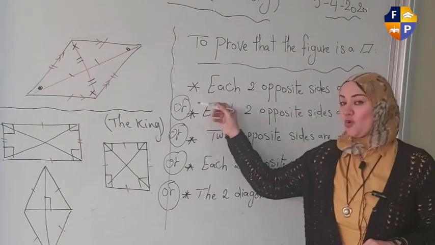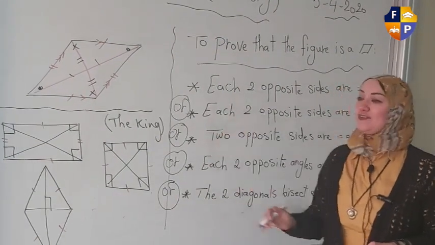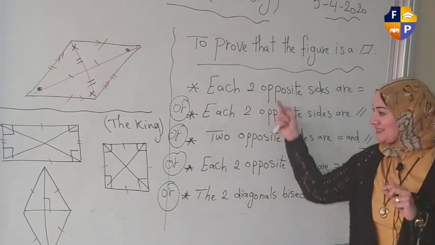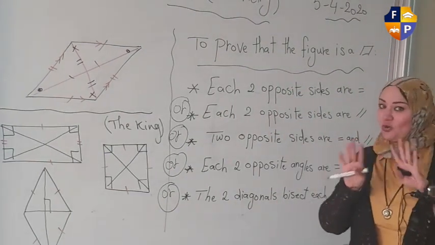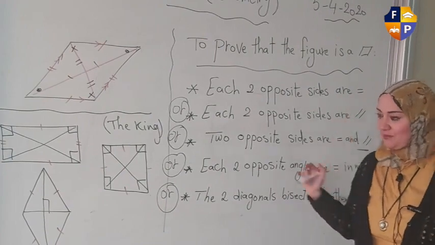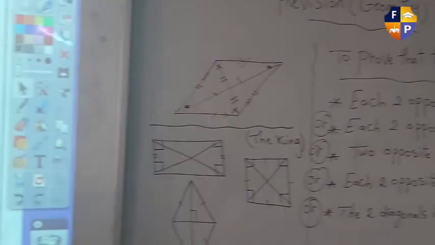What is the meaning of "or"? I have to prove one of these conditions, not all of them. One is enough, okay?